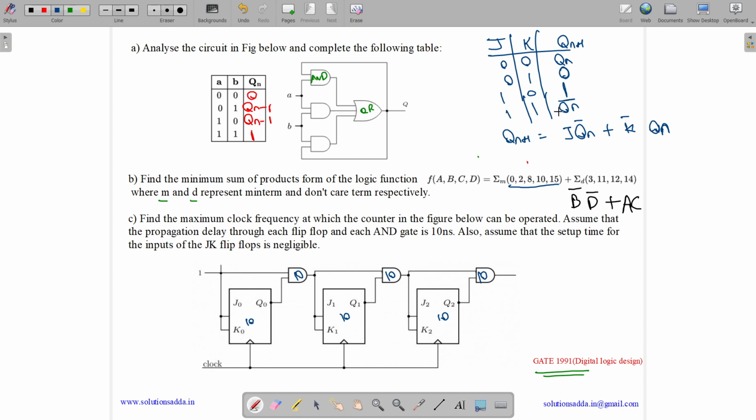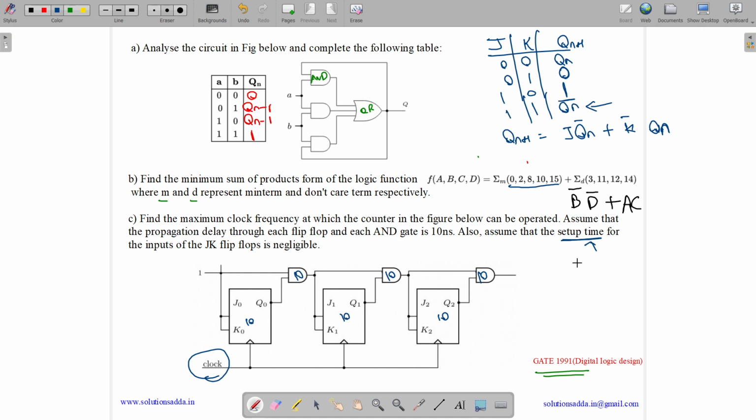So here we can easily see that in the JK flip-flop, the output toggles when both J and K inputs are 1. So what we must do, we must ensure that for each clock, the output from the previous stage reaches the current state. Let me tell you what is this setup time. Setup time is given here negligible, but it means that as soon as the data is stable, the next clock can be given.